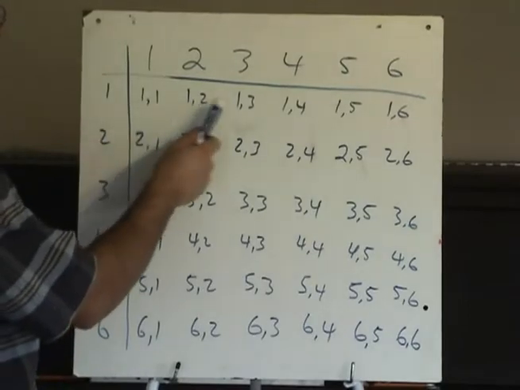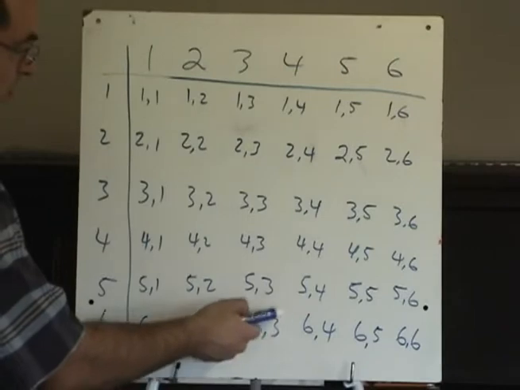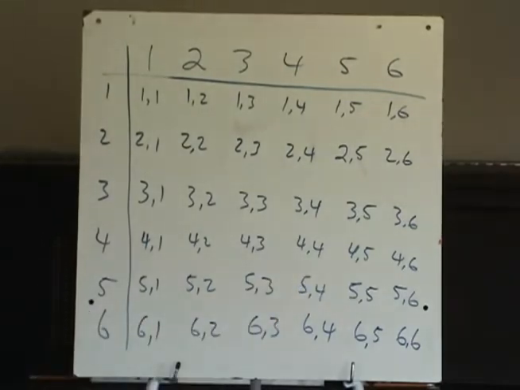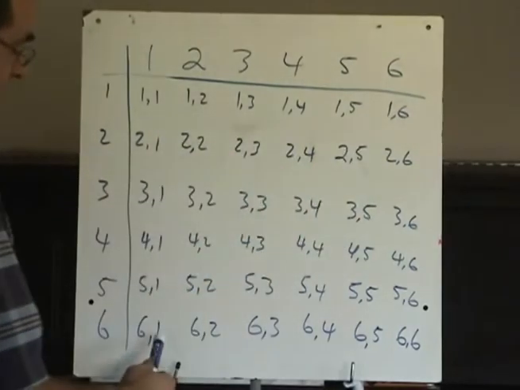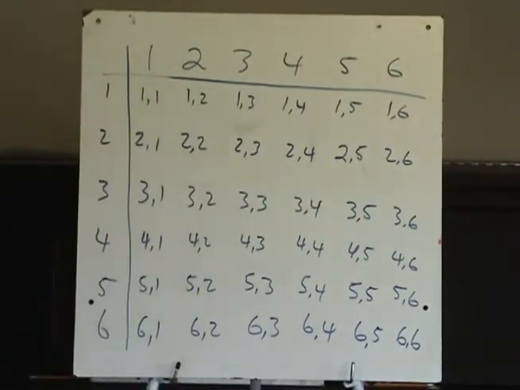The first number would be the result of the first die that I rolled, and the second number would be the result of the second die that I rolled. So we've got a 6 by 6 grid, so the total possible outcomes would be 36. So 36 different outcomes if I rolled 2 standard 6-sided dice once.